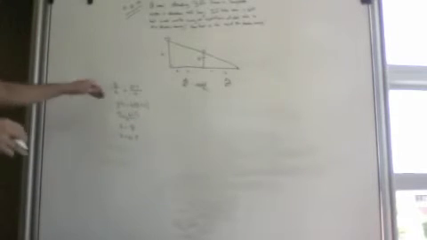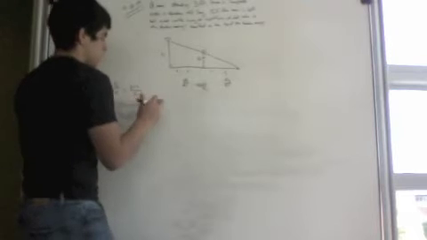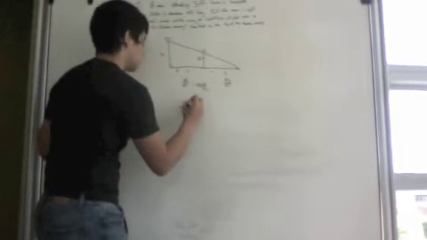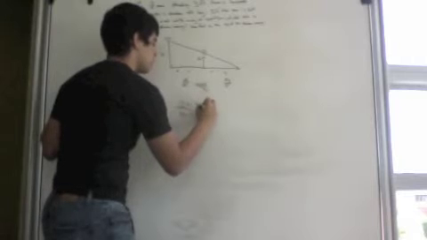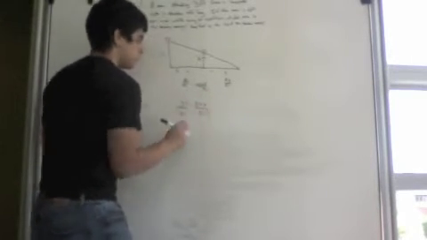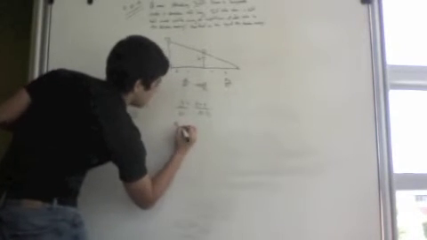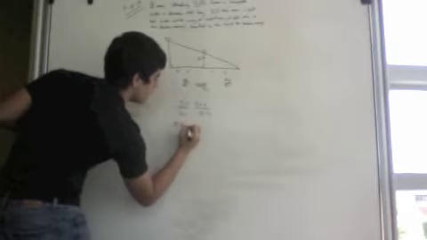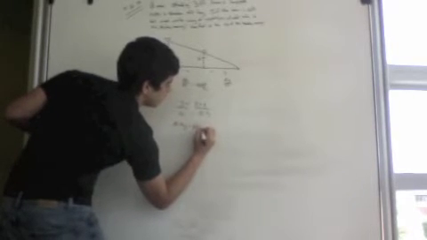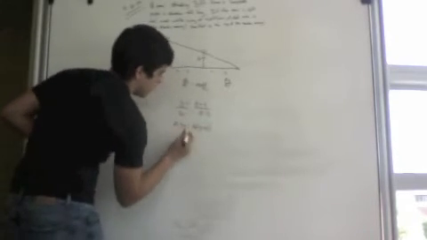Now that we have that, we can get our equation. So y over 6 is equal to y plus x over our height, which is 10.5. If we simplify, 10.5y is equal to 6 times y plus x.